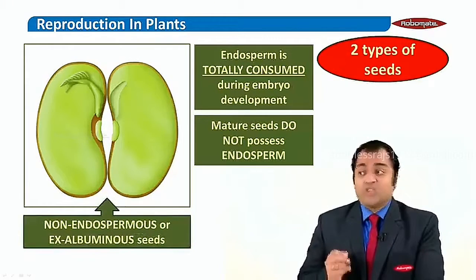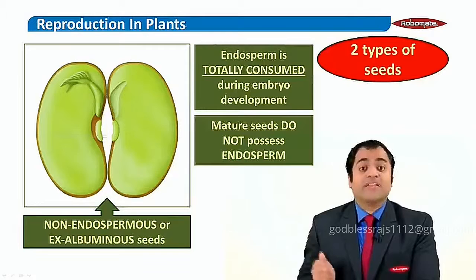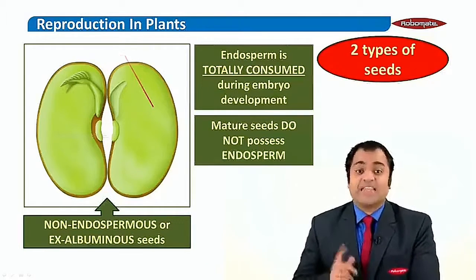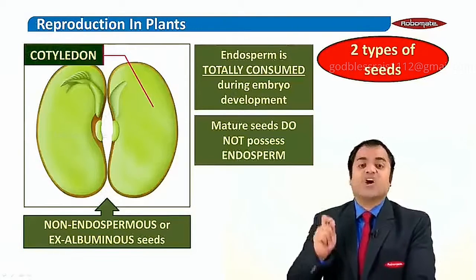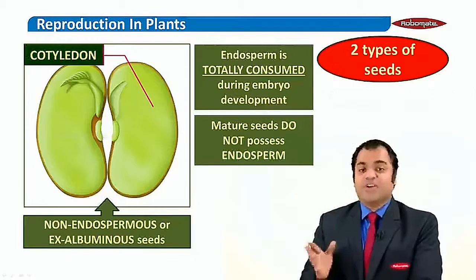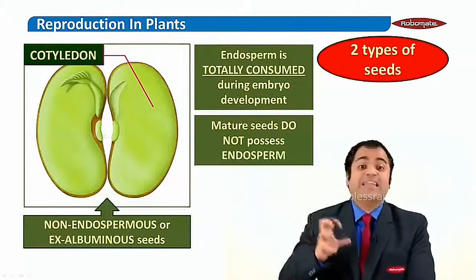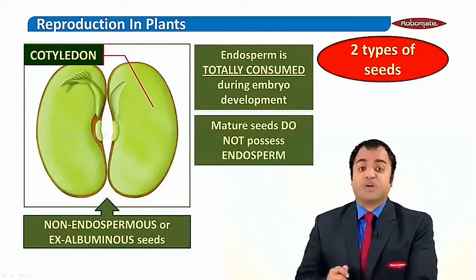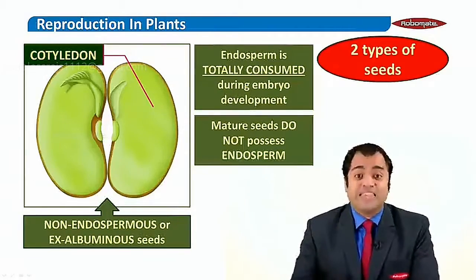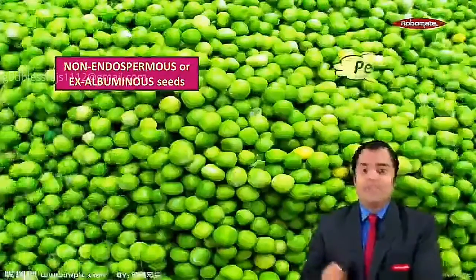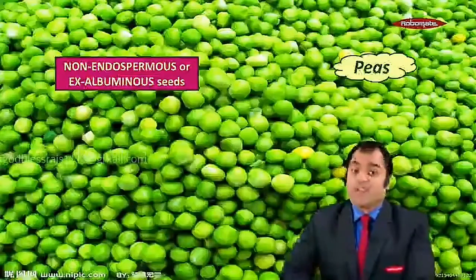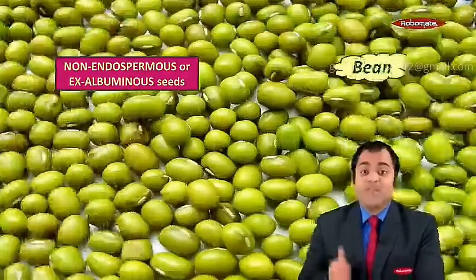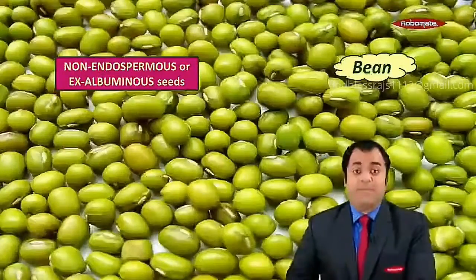So who would you think will provide the nourishment in such a seed to the developing embryo? You guessed it, it is the cotyledons. The cotyledons will nourish the embryo because the endosperm gets completely consumed. Some examples of non-endospermous or exalbuminous seeds are, you see behind me, beautiful peas. Then some examples also include beans, as you can see here right behind me.